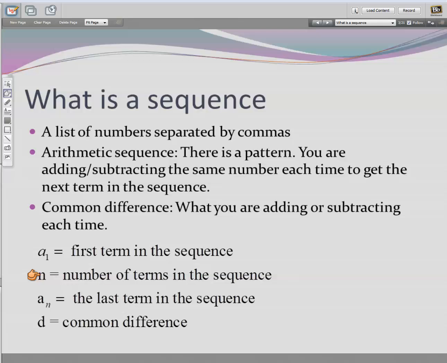So if we're looking for the 23rd term, N would be 23. A sub n is referring to the last term in the sequence. So if they give us a finite sequence, A sub n is going to be the last term. And D is what we call that common difference. So remember, that is what we are adding or subtracting by each time.